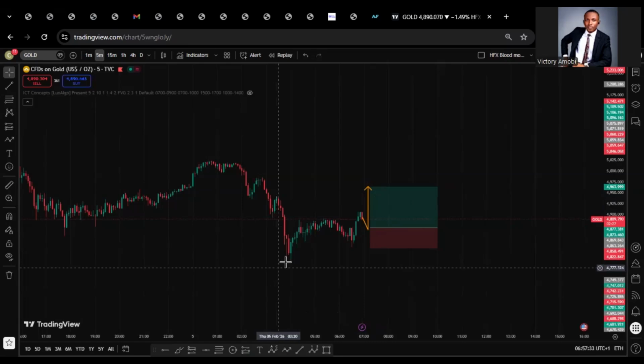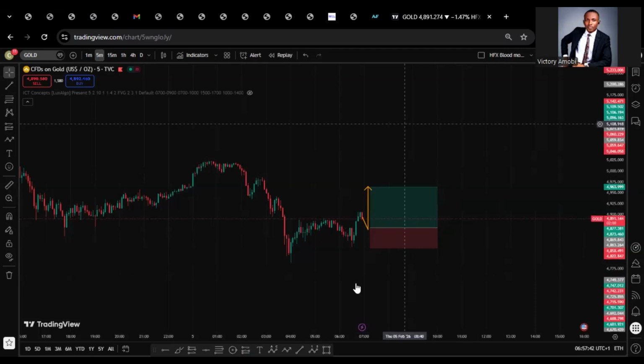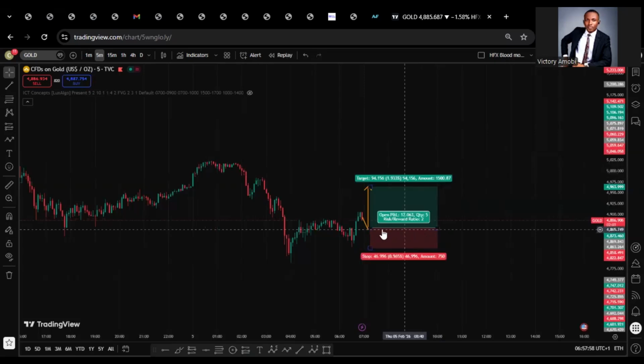To protect your capital, you can decide to risk 1% per trade, and in a day, just 3% or 4, 5, 6 on your personal account. But if you're trading a proper account, you can decide to risk just 2% in a day and maybe 0.5 or 1% per trade.